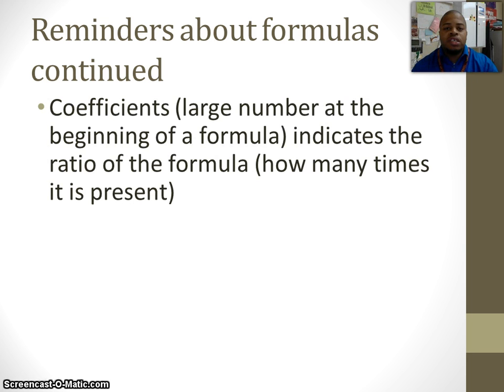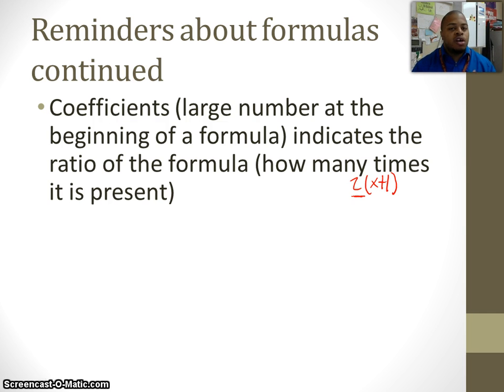Now, coefficients. If you think back to your math class, think back to your algebra. Say you're given something like 2 times the quantity x plus 1. We usually call this number right here the coefficient. It's going to be the same thing that we're going to deal with in a chemical reaction, except the coefficient is going to tell us how many moles overall of that compound we're dealing with.